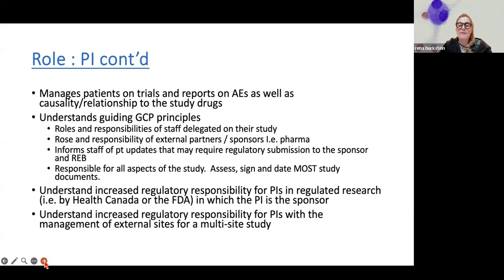And if this is a multi-center trial, you have to really understand the regulatory responsibilities that come with that as well. The auditing, the protocol modifications, the contract negotiations, the contract modifications, the budgets, all that stuff, it stops with you.